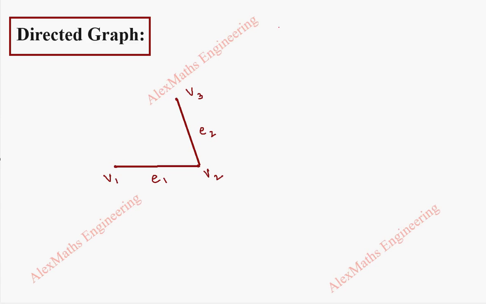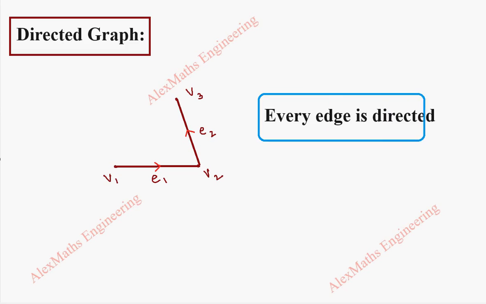Suppose I represent its direction, that is edge e1 is incident on the vertex v2. In the same way, if I give a direction for the edge e2, this edge e2 is incident on the vertex v3. So we give a direction. The graph in which every edge is directed is known as the directed graph.